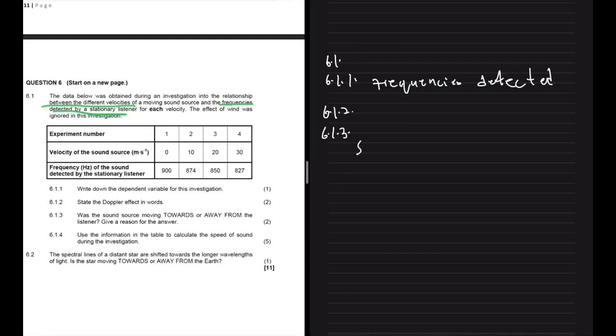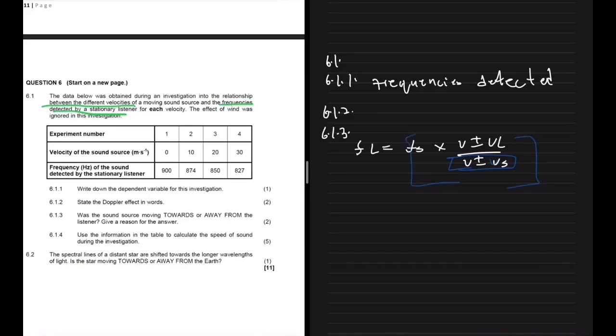Okay, let's stick to the equation, right? FL equals Fs multiplied by V plus or minus VL, divided by V plus or minus Vs. If you look at the denominator, we have plus or minus Vs. If the sound source is moving away, we have a plus on the denominator, so this whole number will go down and the frequency observed will go down.